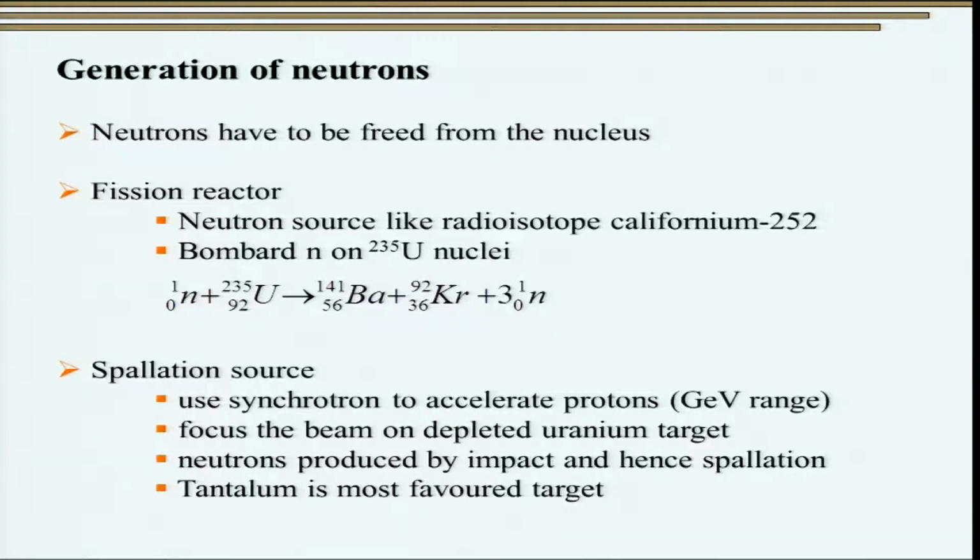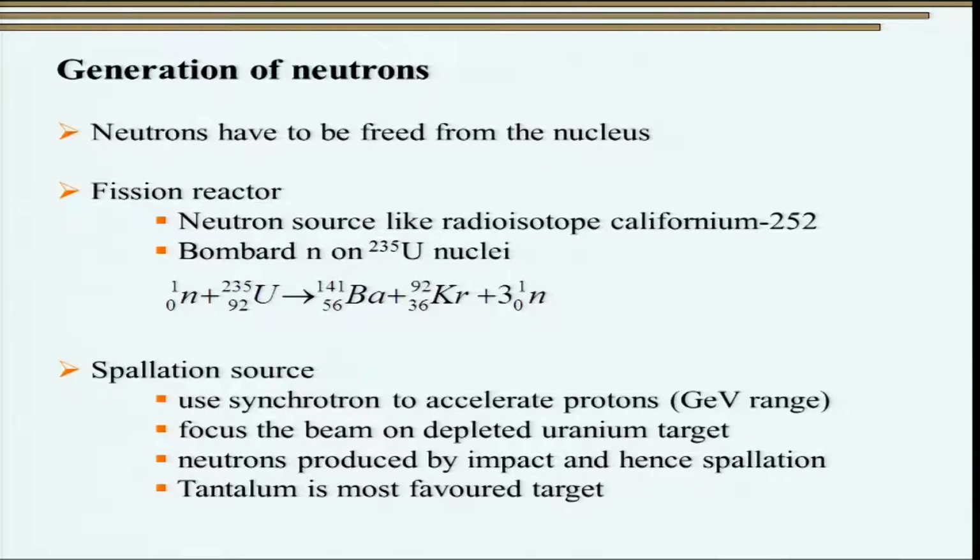Okay, so now when it comes to generation of neutrons, we had talked about how we generate X-rays, right, different ways of generating X-rays. Similarly, neutrons also can be generated in different ways. Essentially, we have to draw off the neutrons from the nucleus of the atom, and this can be done using a fission reactor.